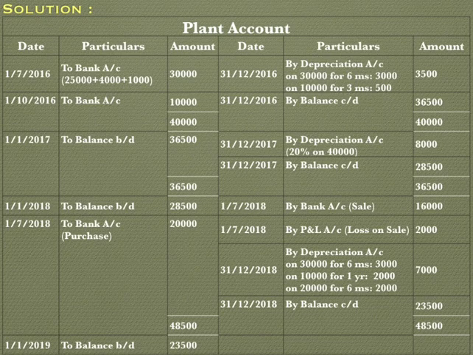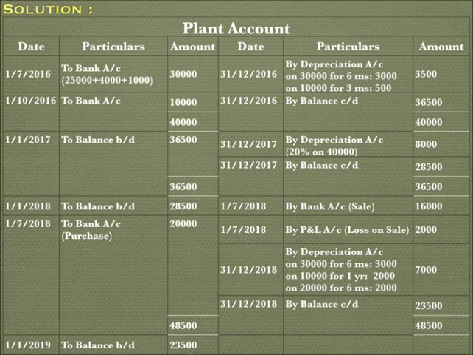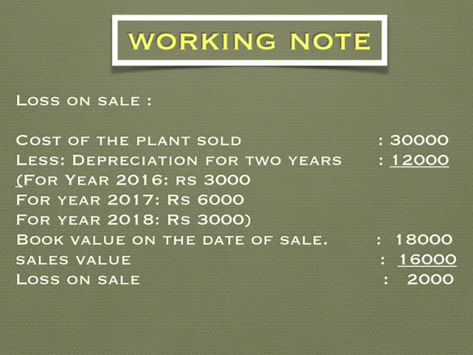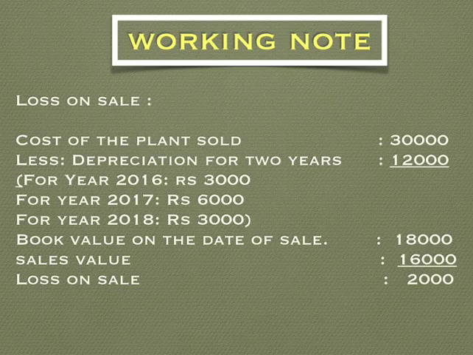For this purpose we will write a working note for the loss or profit on sale. Firstly we will write the cost of the plant sold. The original cost of our plant was rupees 30,000.